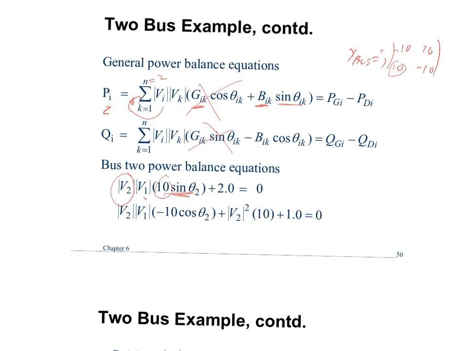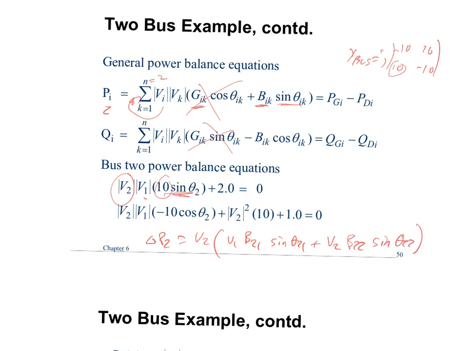Because i is 2 and K is 1. Here, let's write it out all the way, and then simplify. So this is going to be equal to V2 times V1 times B21 sine of theta 21 plus V2 B22 sine of theta 22.